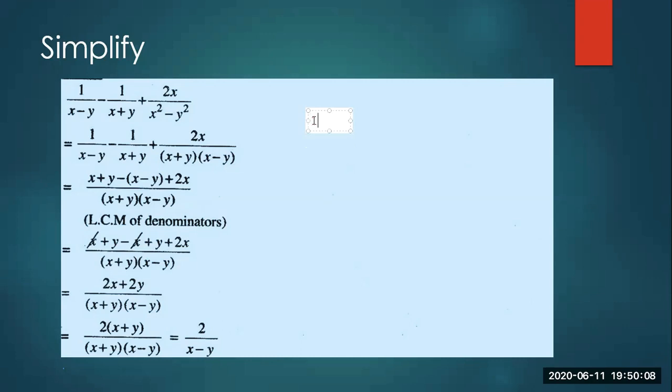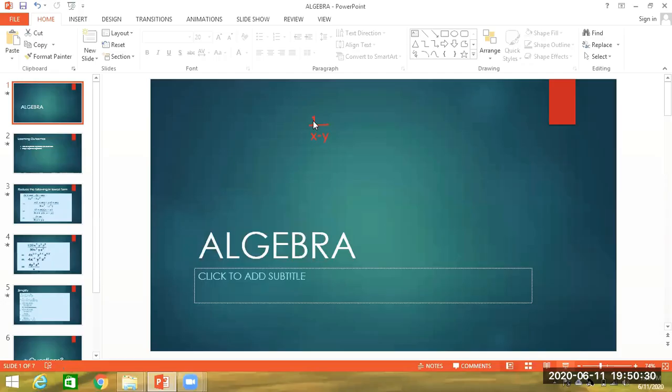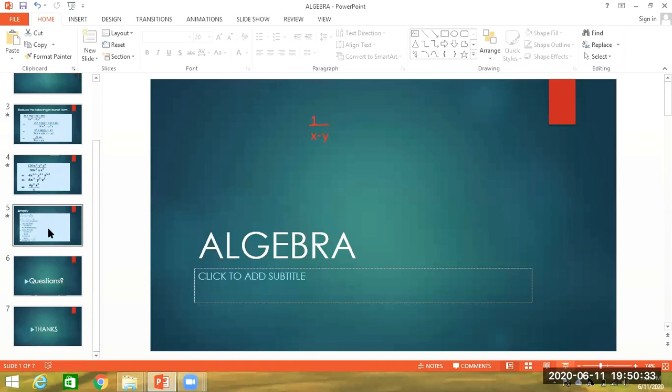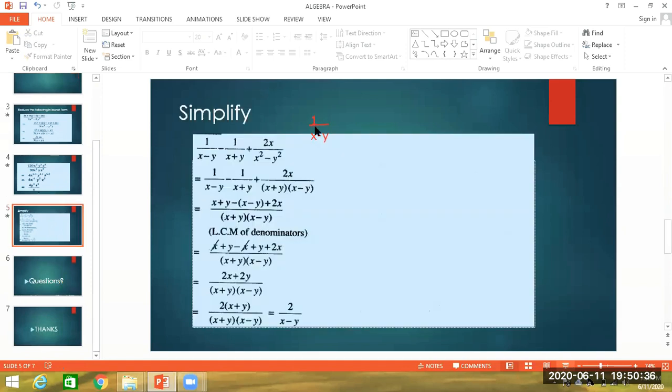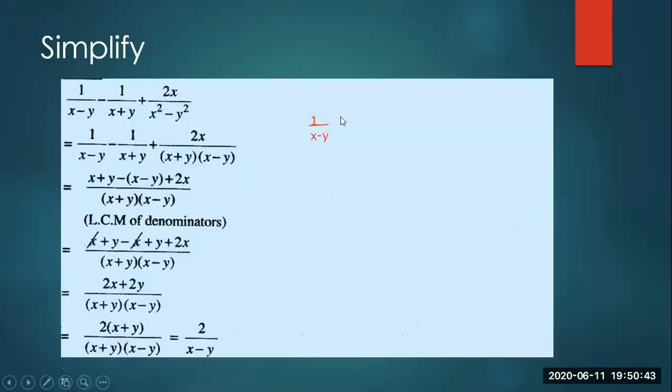So 1 over x minus y, multiplied with x plus y over x plus y.